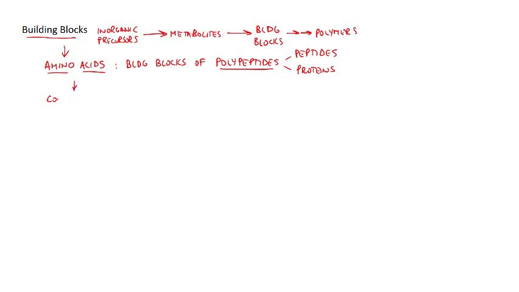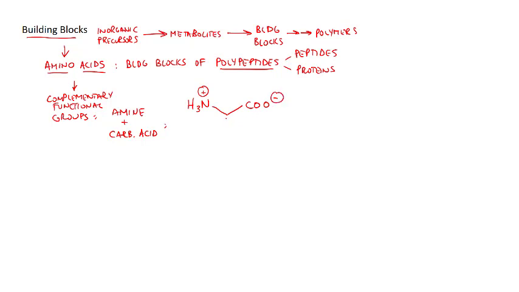So for amino acids, our complementary functional groups are an amine and a carboxylic acid. So this is what all amino acids look like. We have a so-called alpha amine. We have a carboxylic acid group.